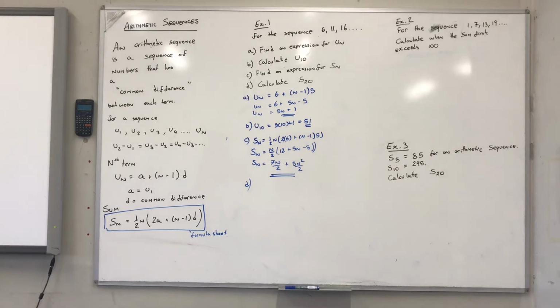So there, straight away, I've simplified it down to a quadratic, which is 7n over 2 plus 5n squared over 2. Now all we need to do to calculate S20 is sub in again.